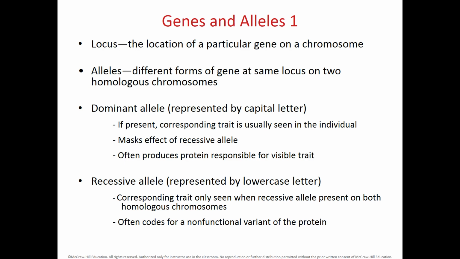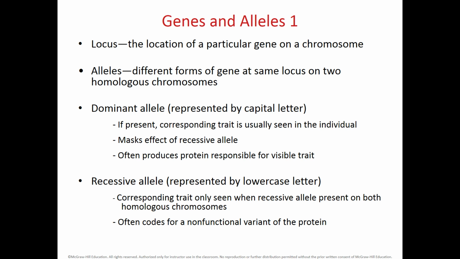Since we always inherit one set of chromosomes from our mom and another from our dad, we will have two different versions. The version that you can see physically in the person, the trait that this allele is coding for, will be a dominant allele.